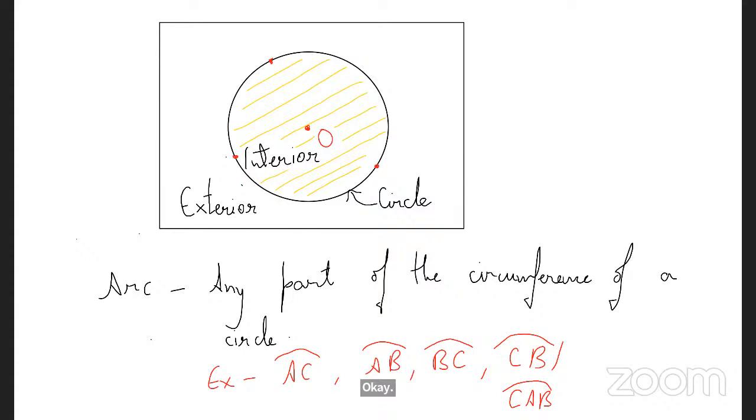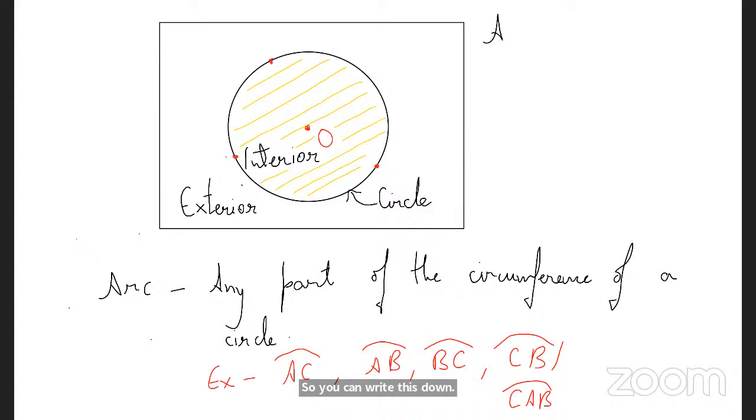Do you remember how I taught you all that a closed figure in a plane divides its plane into three parts? We did this with triangle, we did this with quadrilateral. Similarly, a circle also divides its plane into three parts: interior, exterior, and the circle itself. So you can write this down.